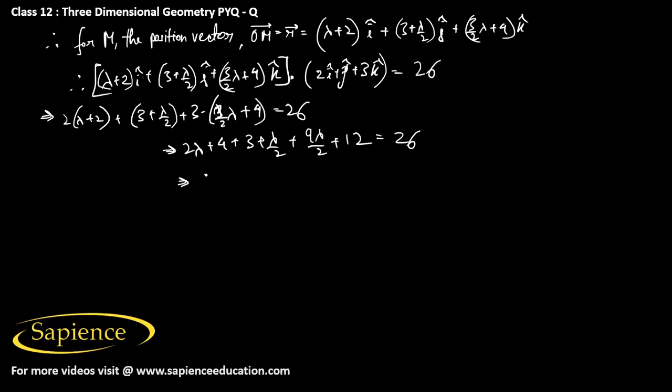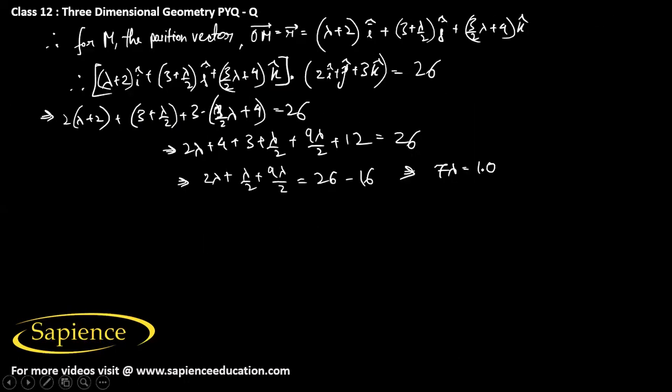So this will be 2 lambda plus lambda by 2 plus 9 lambda by 2, that is equal to 26 minus 12 plus 4, 16. So then we will get this is 10 lambda by 2, so this is 5 lambda. So 2 lambda plus 5 lambda, so this is 7 lambda, that is equal to 10.